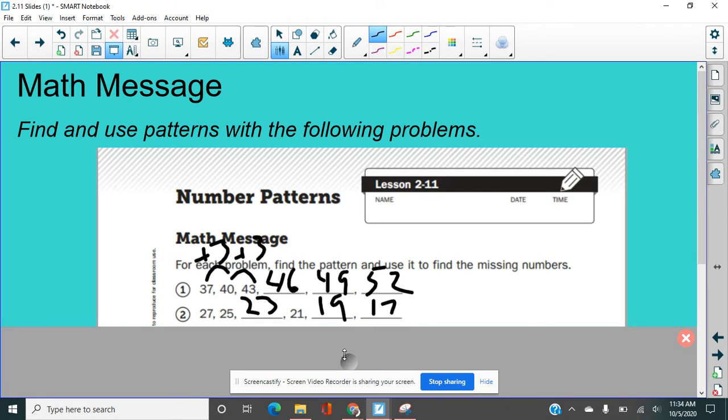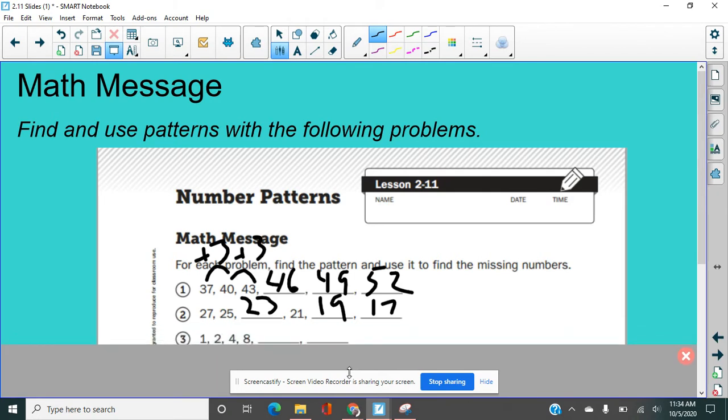All right, one more of these that is a little tricky. Be careful. What do you think the next two numbers here could be? First we have to figure out what's happening in the pattern. 1 to get to 2, maybe it's plus 1. 1 plus 1 is 2. 2 plus 1 is 3, not 4.